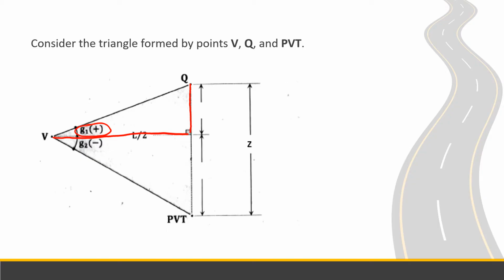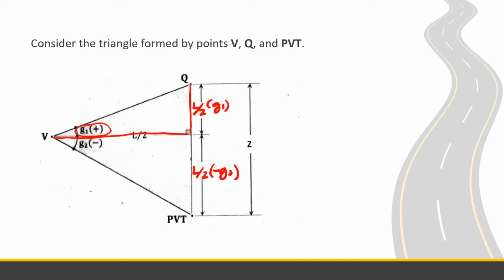So this distance is equal to L over 2 multiplied by G1, the slope of the first tangent, the positive, uphill one. Then for the downhill one, this side is also L over 2 multiplied by negative G2.